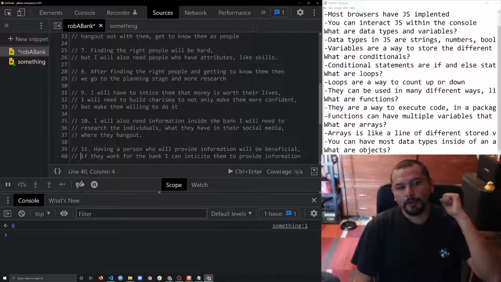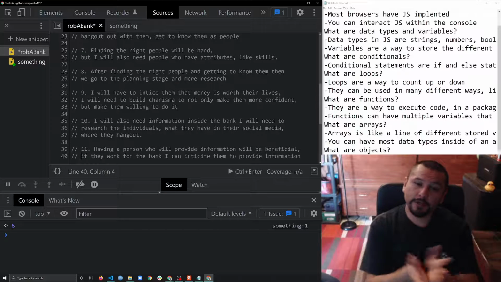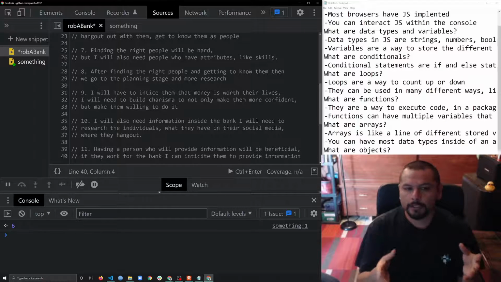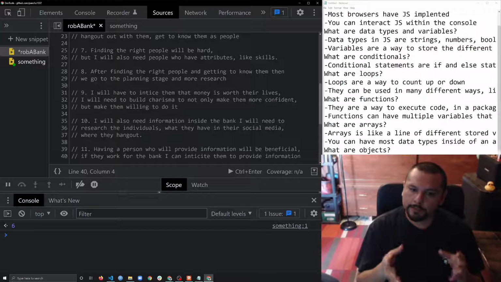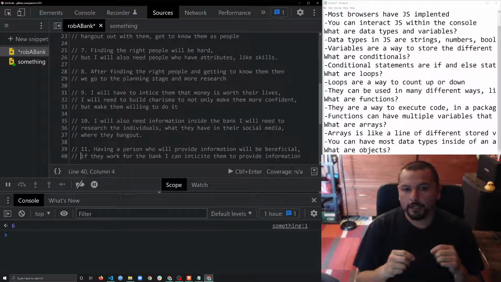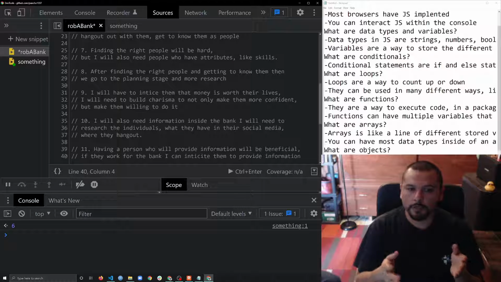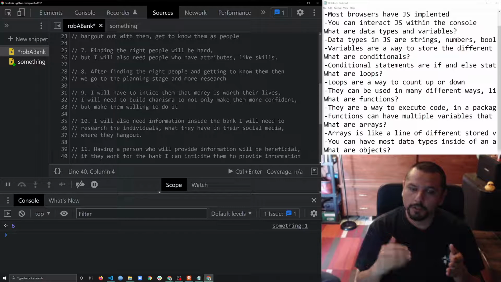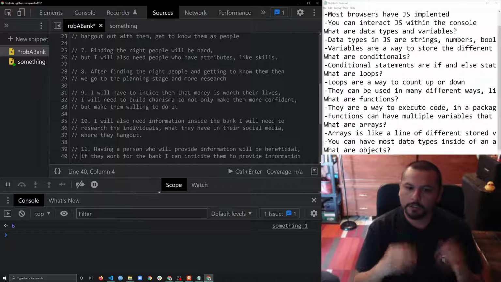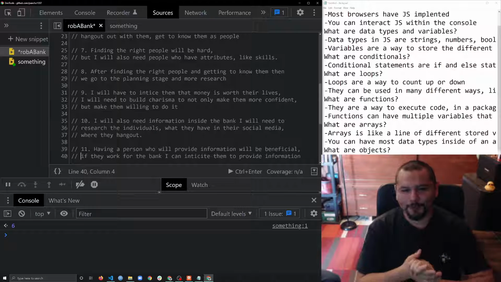So okay, this was pretty fun. This is what programming is. We are writing a set of instructions. This is for another person to rob a bank, but this is what we're going to be doing in JavaScript. We're going to be writing a bunch of instructions in order for the computer to execute those instructions and then give us the money or the moolah.